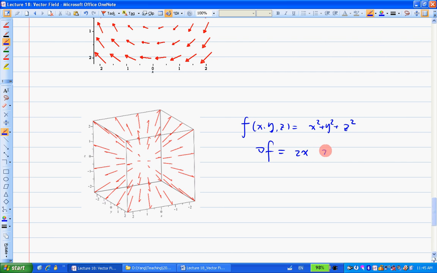I get 2x, 2y, 2z. So if I plot this vector here, that's what we get. This is more like needles pointing out from the center, the origin there. It's like a porcupine's back.